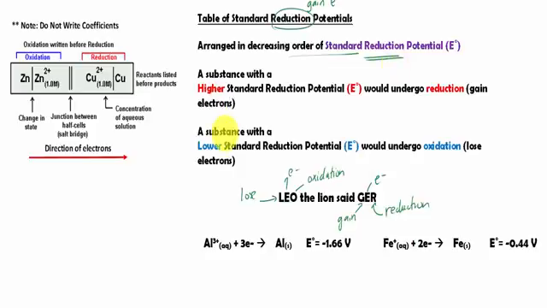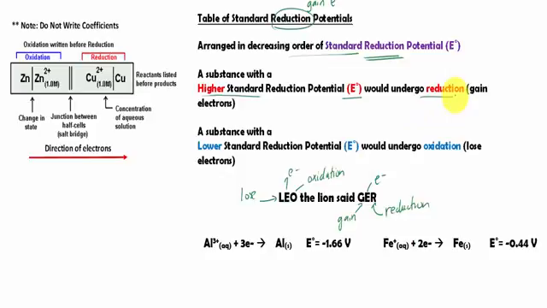So let's say we have two substances here, aluminum and iron, or Al and Fe. By looking at the standard reduction potential of both substances, you can determine if a substance will undergo reduction or oxidation. A substance with a higher standard reduction potential, represented by E right there, would undergo reduction.